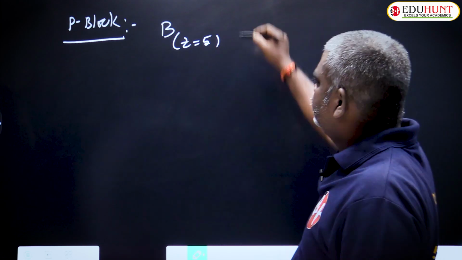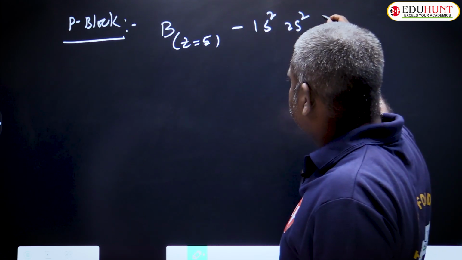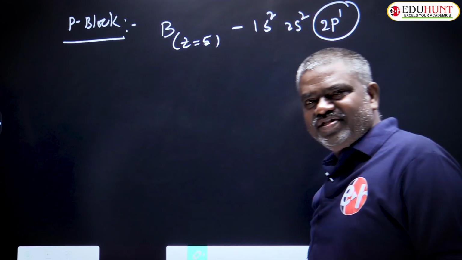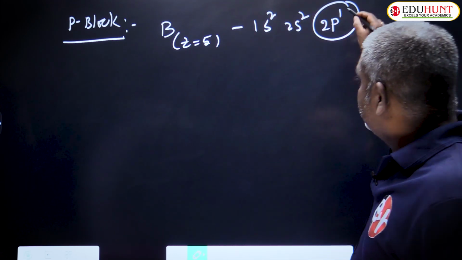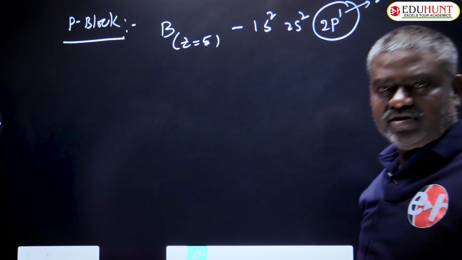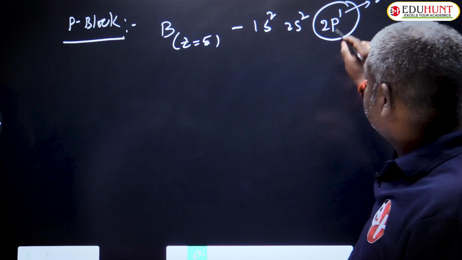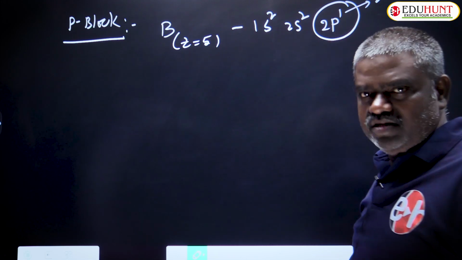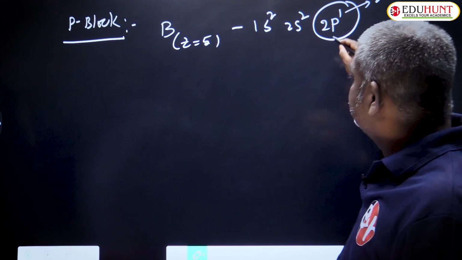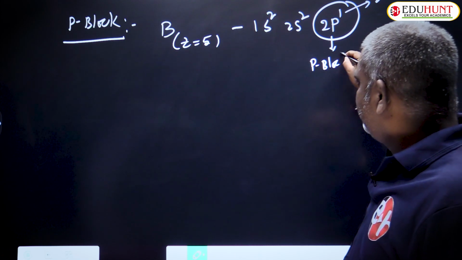Here it is 1s2 2s2, 4 electrons over, and the 5th electron is present in 2p1. It is in the p orbital, and it is known as the differentiating electron because it is the 5th electron. The differentiating electron is present in the p orbital, hence it is known as P block. See, boron is a P block element.